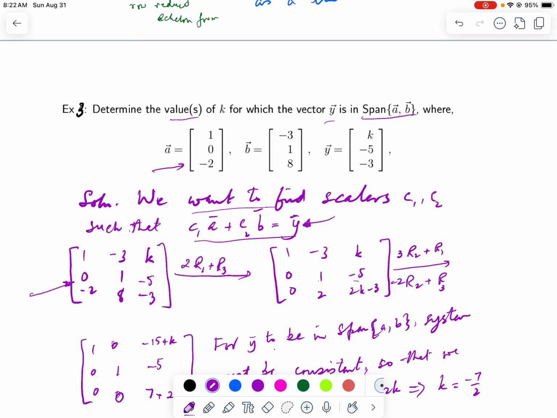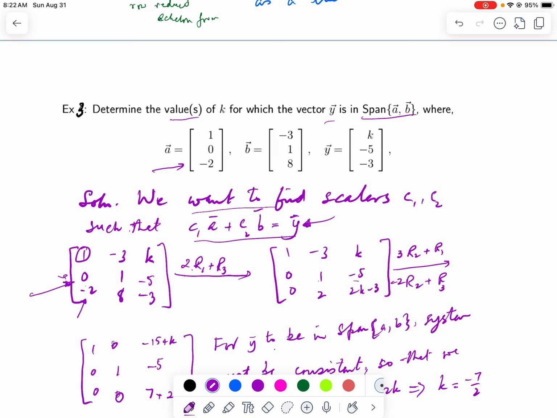Now, the first entry of the second row in the first column is 0, so we are good. Some of our work is already done there. So we only have to now make this 0. So I use row 1 because this is the pivot entry. Multiply row 1 by 2 and add it to the third row.